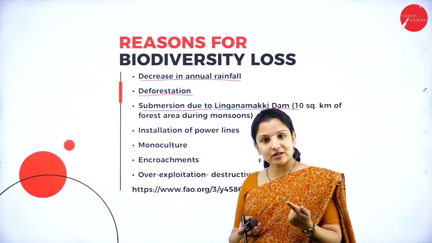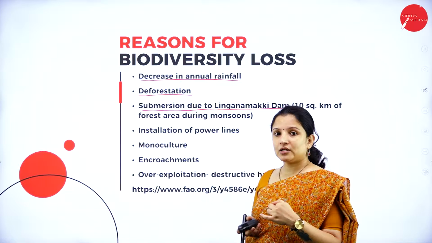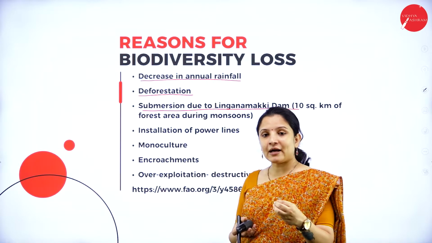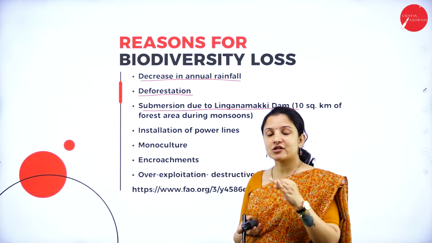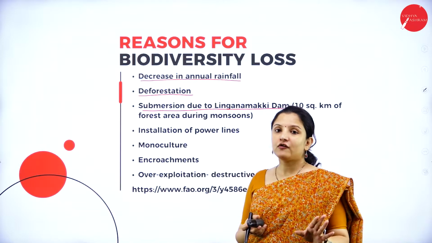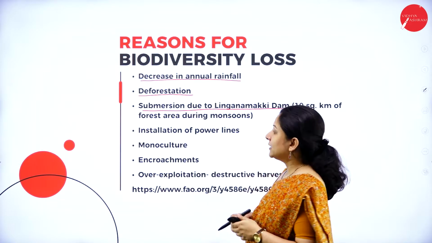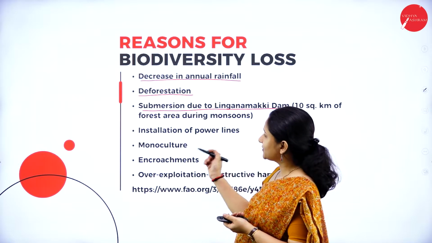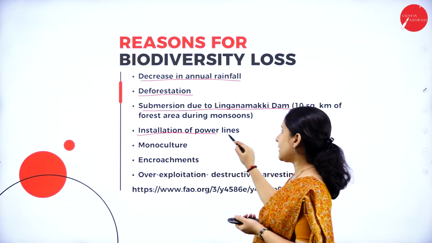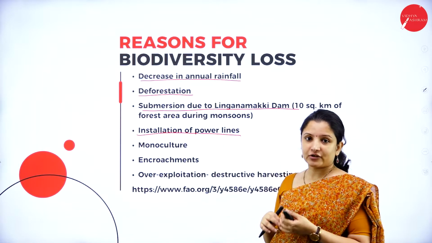Second, deforestation led to a decrease in the annual rainfall. Third, already because of the construction of the Linganamakki Dam in that region, half of the forest had been destroyed because of flooding. And not just that, there was installation of power lines also. This also led to destruction of the forest or the habitat.